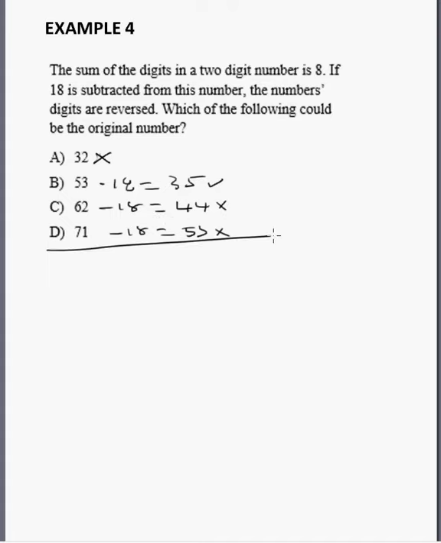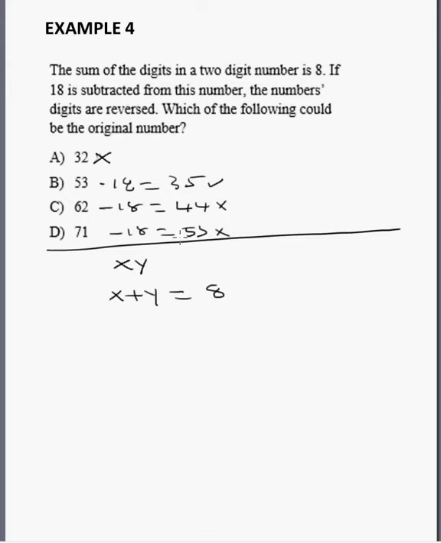And this is straightforward. But I'm going to take you an interesting route to see how you would solve this using algebra. So let's assume the number is xy. If it is xy, then we know that x plus y is equal to 8. But this is the trick.